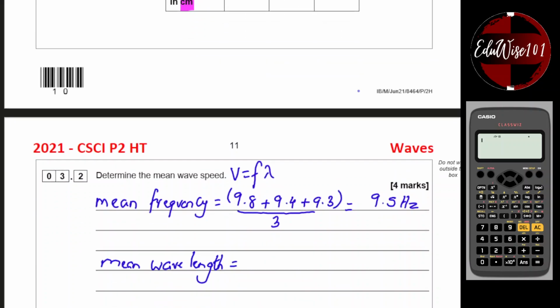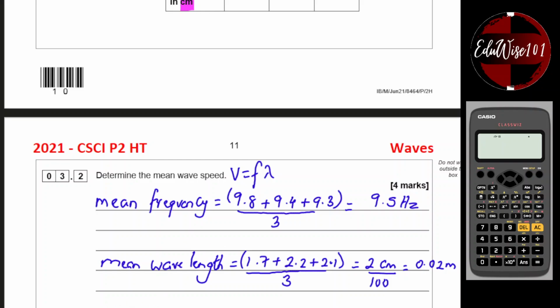So 1.7 plus 2.2 plus 2.1, add all three of them up and divide by 3, which is the number of values. That gives you, I think, 2 centimeters, which if you divide by 100 will give you 0.02 meters.